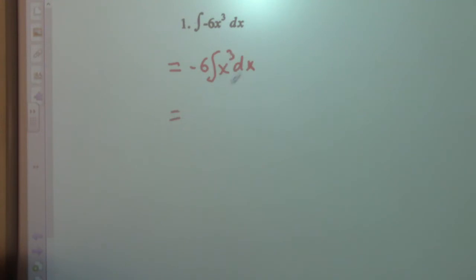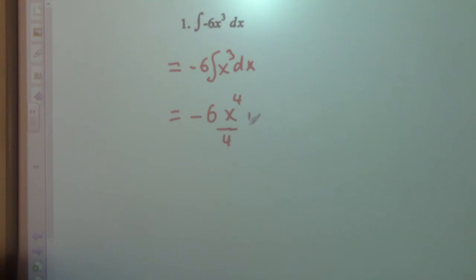So we take the power of x, bump it up, so 3 plus 1 is 4, and then we divide by 4. So whatever power you bump up to, you divide by.